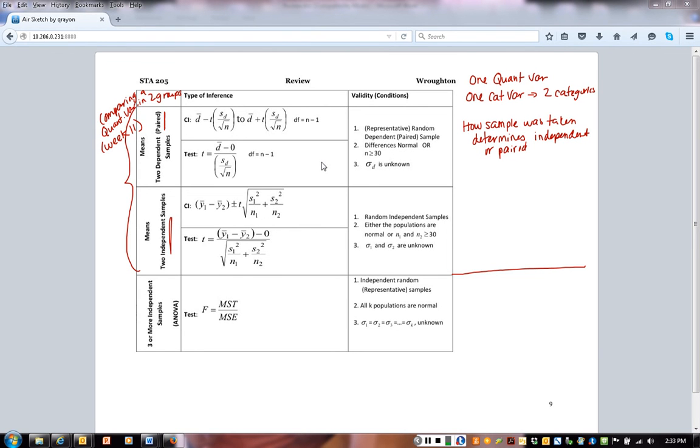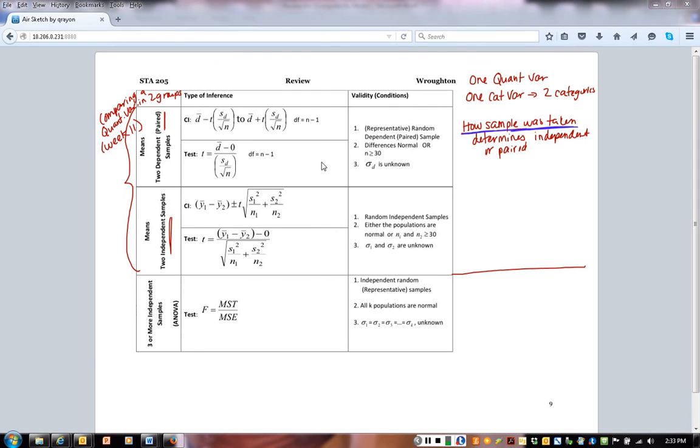Just because I wanted to compare things doesn't mean that my data itself is actually paired. It goes back to, again, how the sample was taken. That's the important part here, how the sample was taken. So we also have to go back and look at our data to say, okay, do these two things have to go together or not?